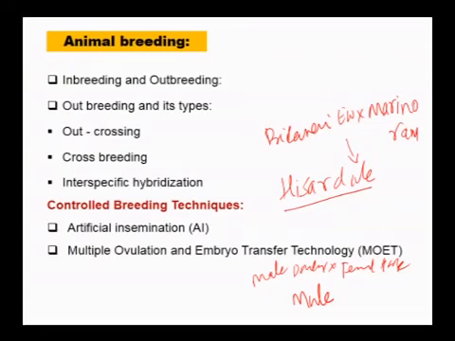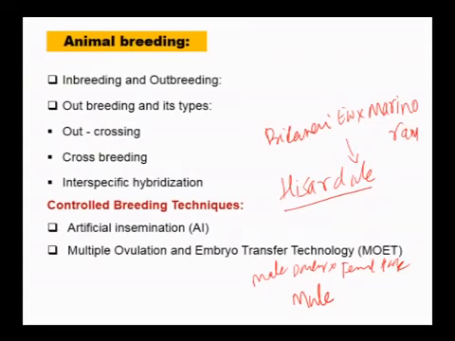By following these conventional methods of animal breeding like inbreeding, outbreeding, which involves outcrossing, crossbreeding and interspecific hybridization, we can even breed animals through controlled breeding techniques or artificial breeding techniques, which include artificial insemination, multiple ovulation and embryo transfer technology.